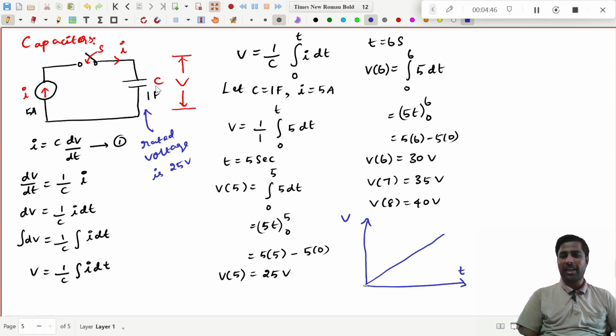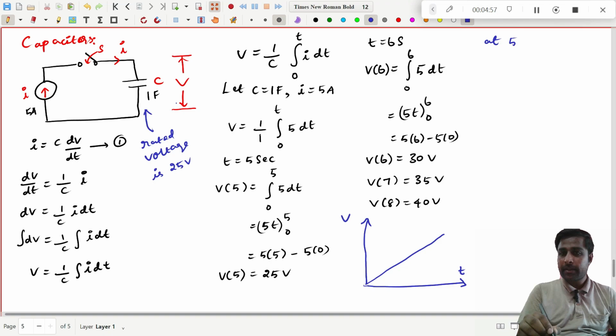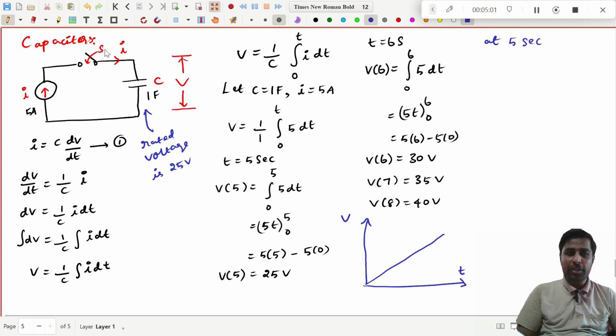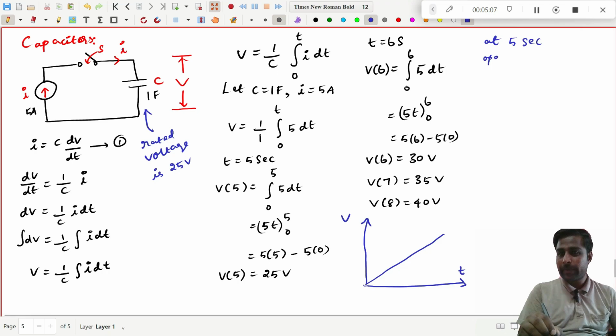So for that, what I will do here, you see, at 5 seconds I am just going to open this switch. So open switch.